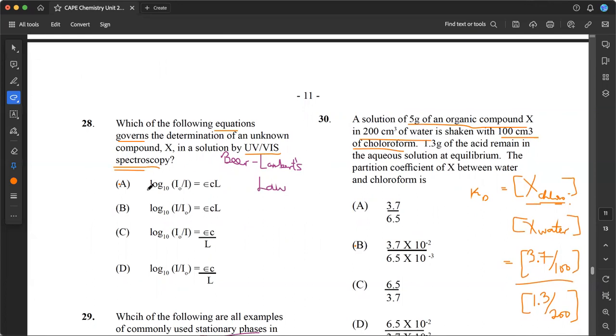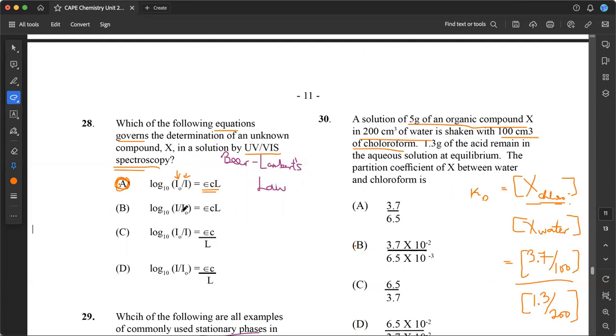And of all these equations here, this is the one that captures Beer-Lambert's law, where it's a log to the base 10 of the transmission of light in the pure solvent over the transmission in the test cell. So this is for transmission in our test cell, this is for transmission in our pure solvent, and that's equal to ECl, right? And that's Beer-Lambert's law. So A is going to be our answer for 28, okay?